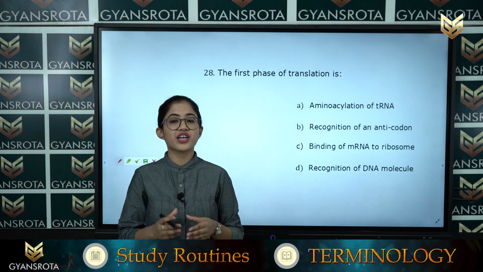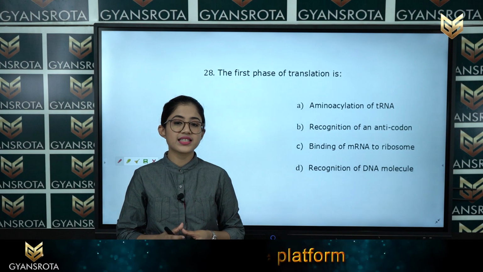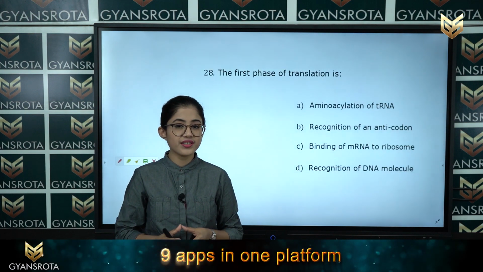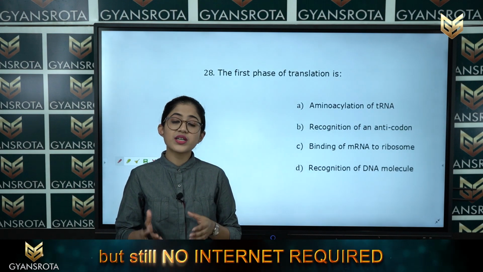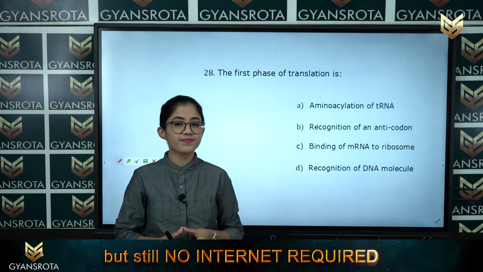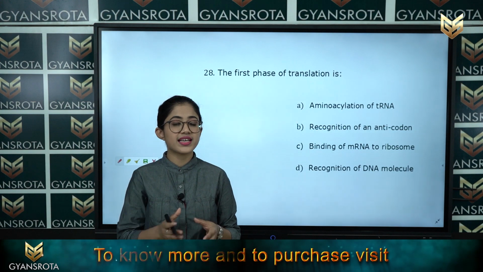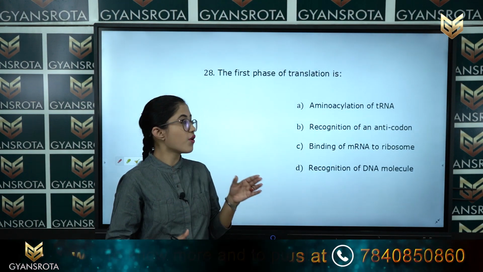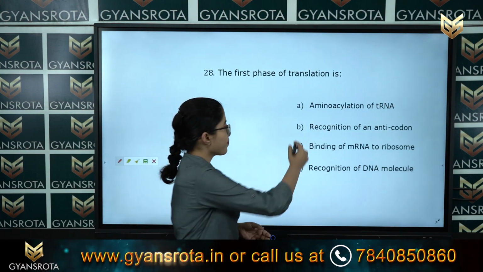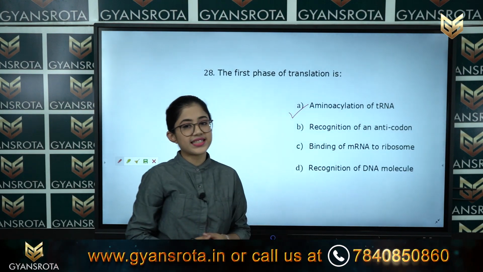Student, from the chapter molecular basis of inheritance, we have discussed translation, that is, from mRNA it produces protein. So what is the first phase of translation? That is aminoacylation of tRNA, that is transfer RNA. So among these four options, option A is the correct answer.